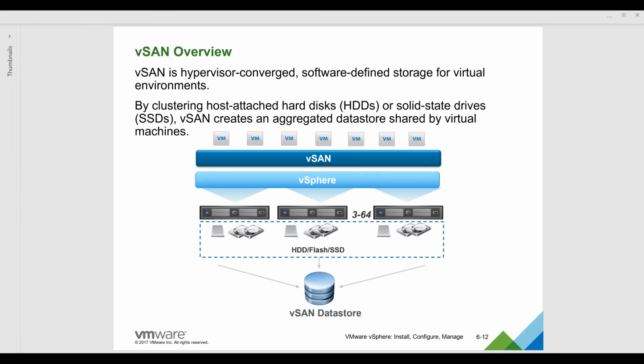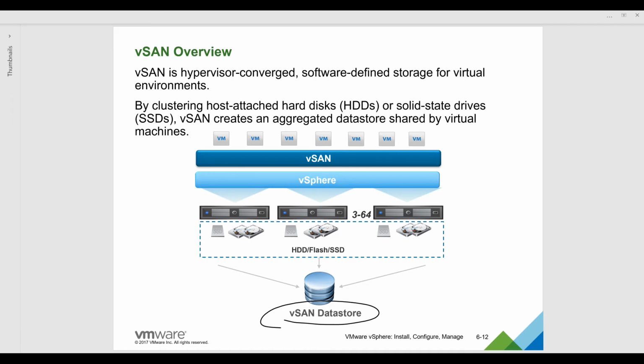vSAN. So what is vSAN? vSAN is a hyper-converged, software-defined storage virtual environment. You get a vSAN by clustering host-attached storage disks, or HDDs, or you can use solid-state drives. And what it does is create an aggregated data store shared by virtual machines. All right. So when a vSAN is enabled on a cluster, a single data store is created.